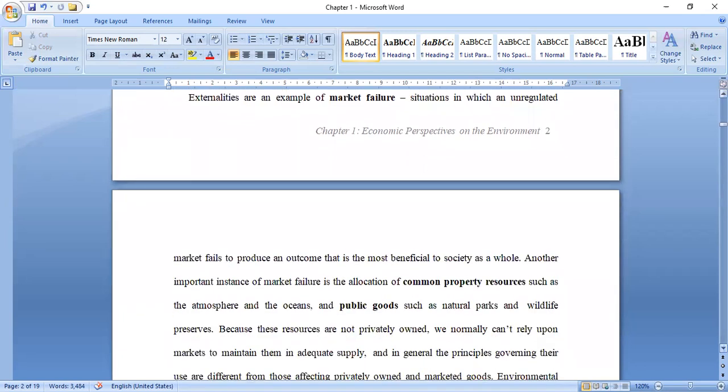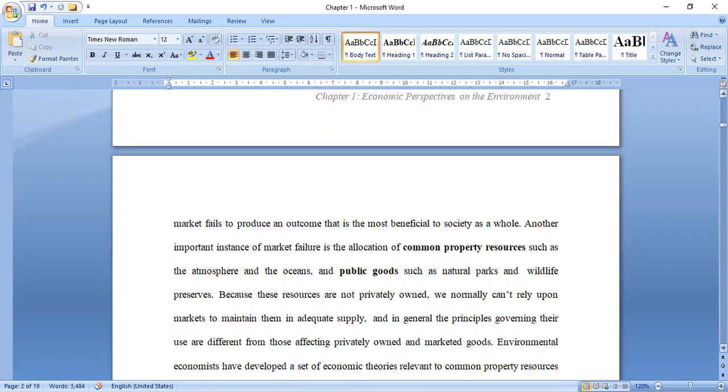We realize that we shall be looking at those market failures in terms of the environment and natural resources. And when the market fails, at the end of the day, the government comes in to correct those market failures.